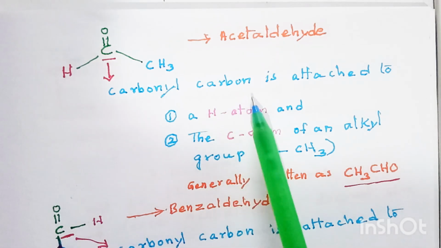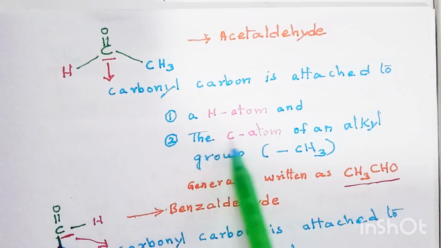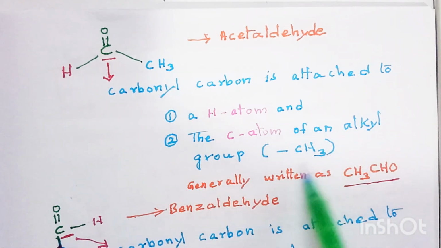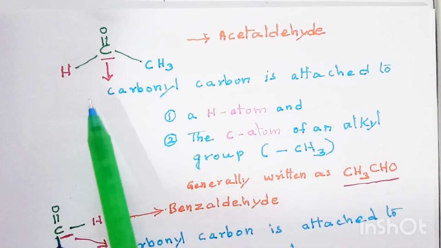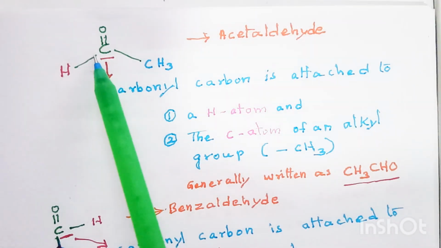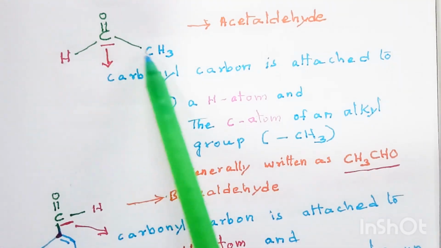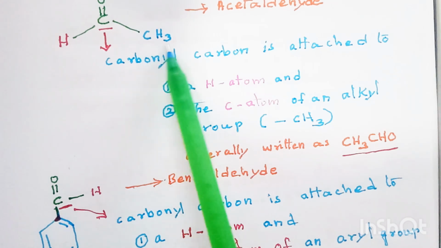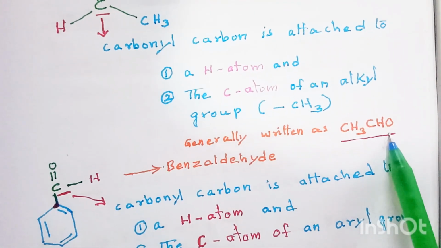So here the carbon is attached to a hydrogen atom and the C atom of an alkyl group, that is CH3. So this is acetaldehyde. So the conditions are the carbonyl group should be attached to a hydrogen atom and a carbon atom of an alkyl group. CH3 is the alkyl group. This is generally written as CH3CHO.